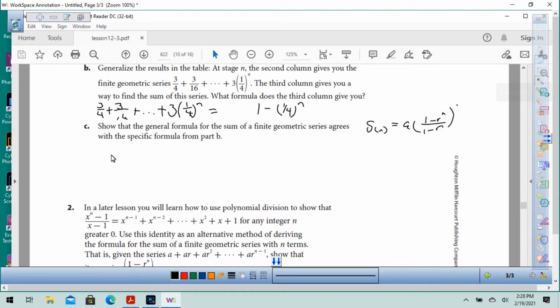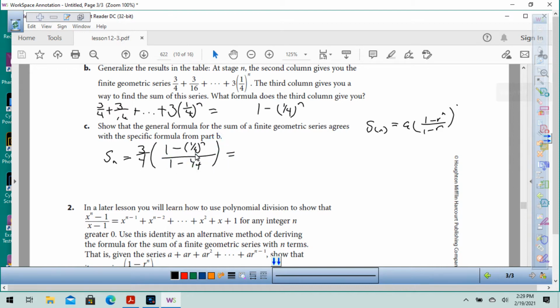We have S sub n equals A, which was 3/4, times 1 minus r, which is 1/4, to the nth power over 1 minus 1/4.